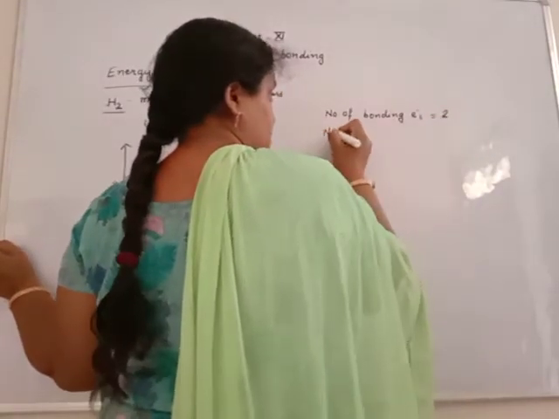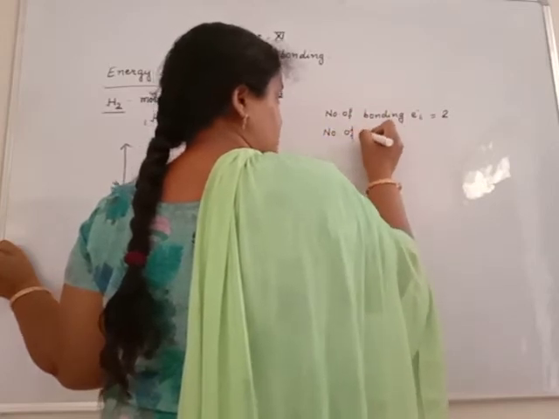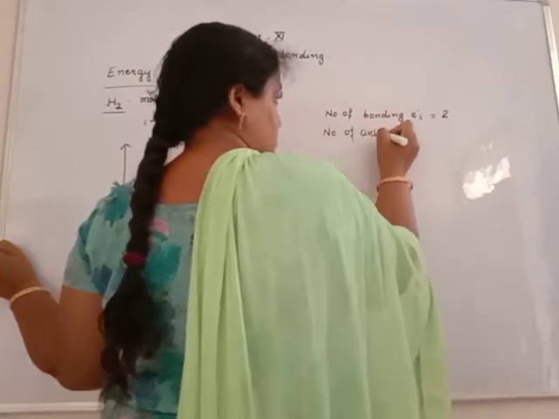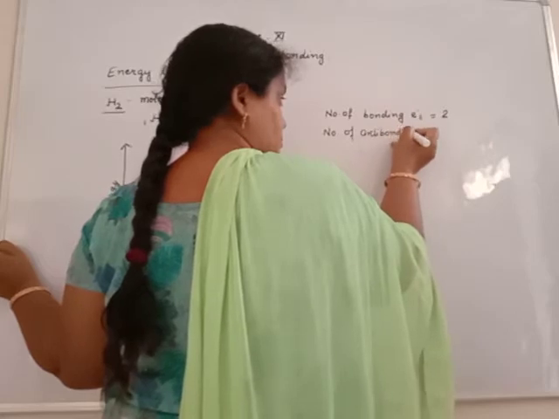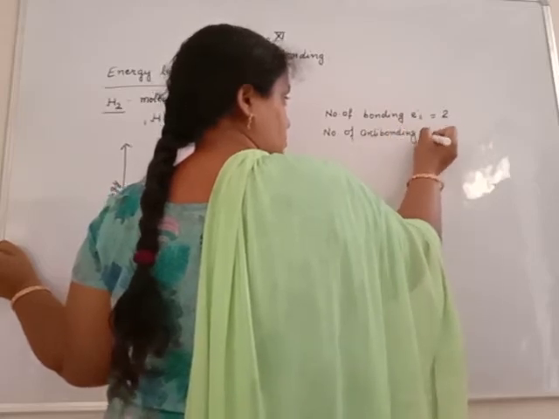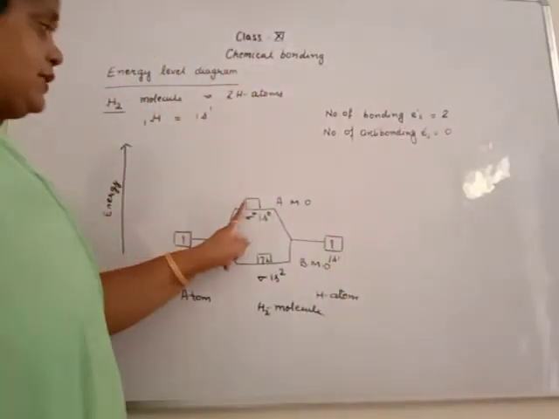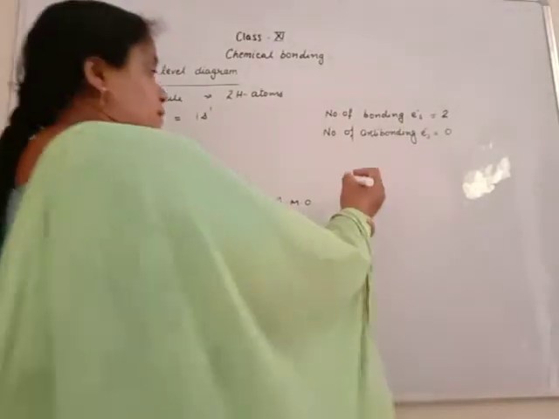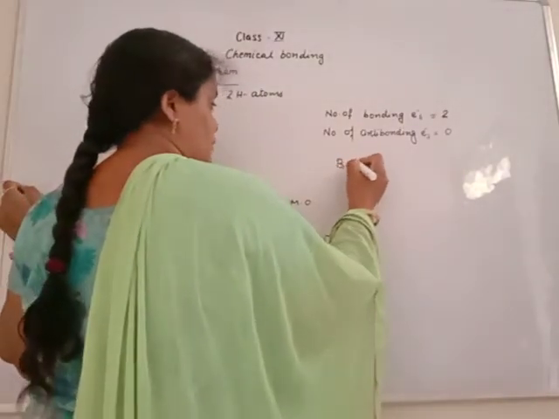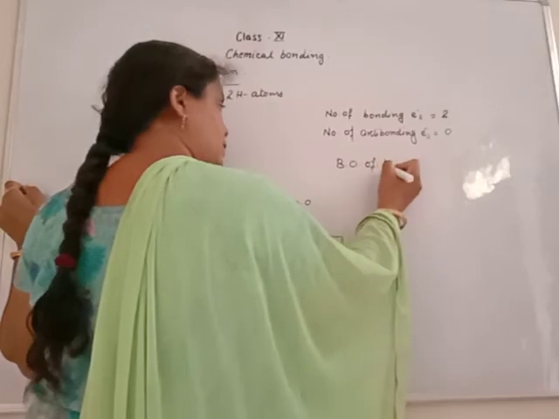Number of anti-bonding electrons, the answer is 0 because this is empty. You will calculate the bond order of the hydrogen molecule.